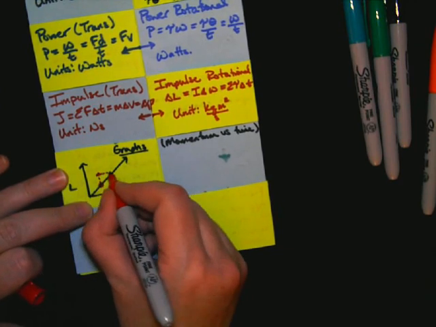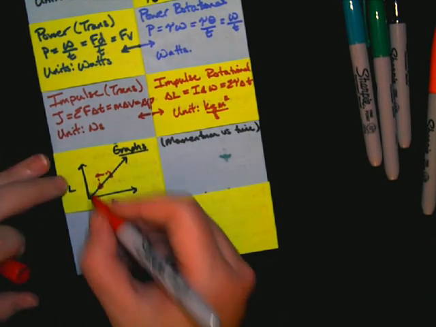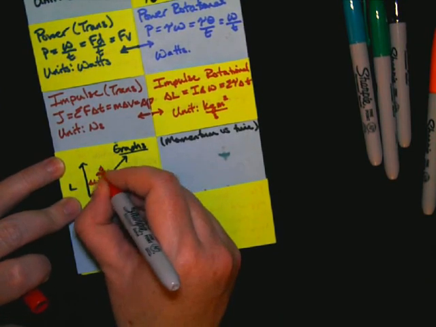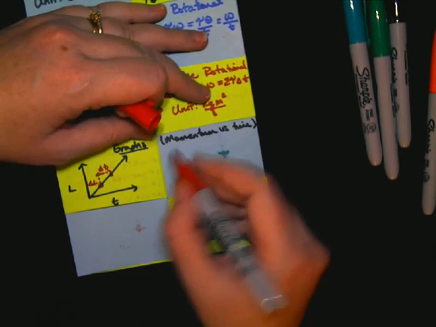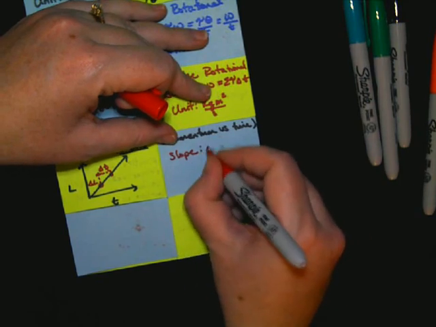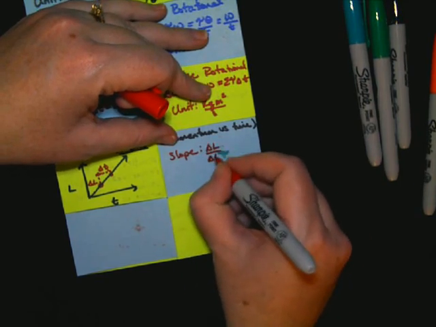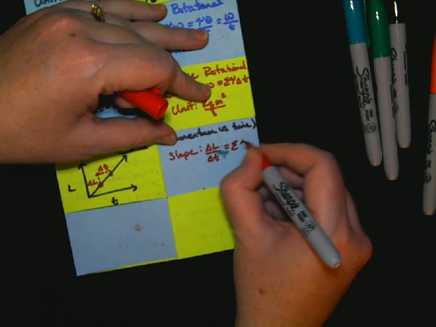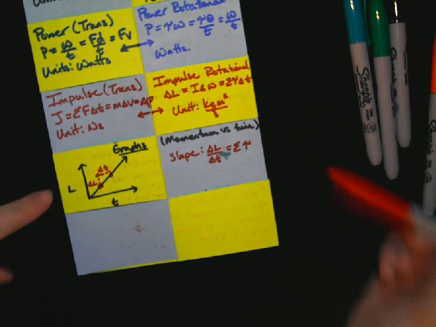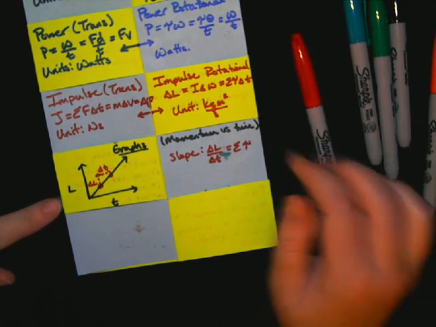So this would be delta L and delta T. So the slope is delta L over delta T, and that is net torque. Look at that. So we have angular momentum over T. And again, you can look above to kind of see why that works. That's right up here.